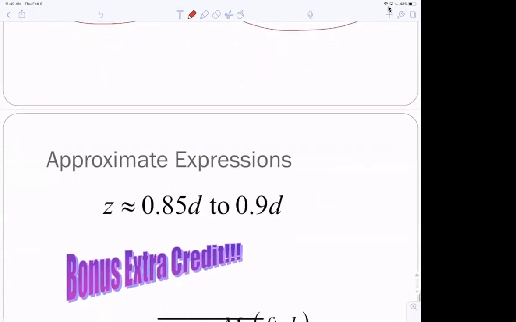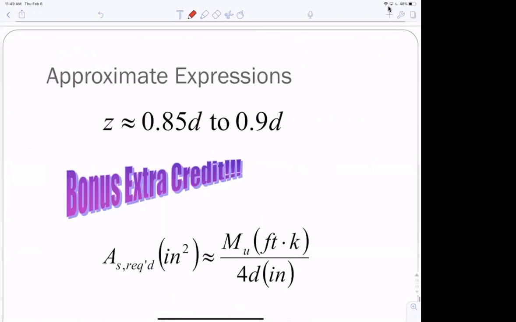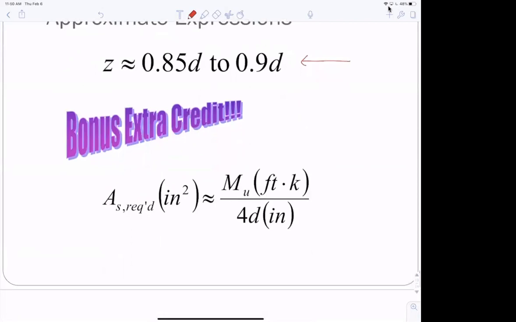So lastly, we're going to do some approximate expressions. z, d minus a over 2, typically comes out to 0.85 to 0.9 d. And if you start with this, and I'll give you some bonus extra credit if you can derive this, and you start with the Mn equation and solve for As.